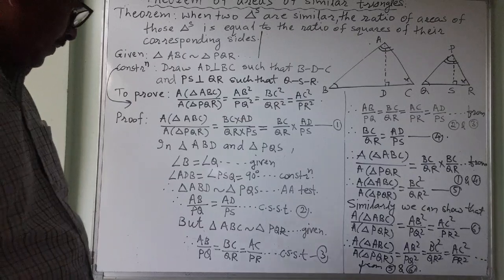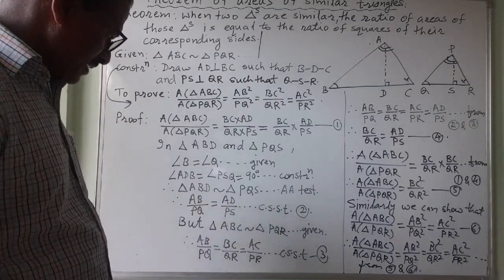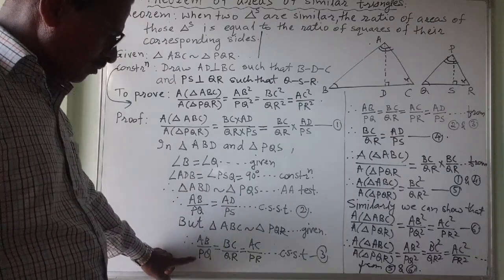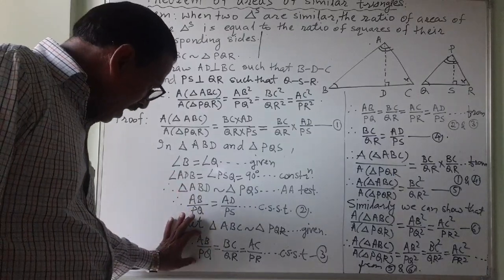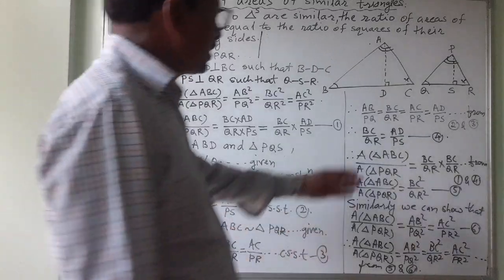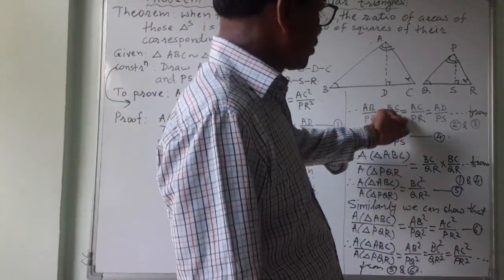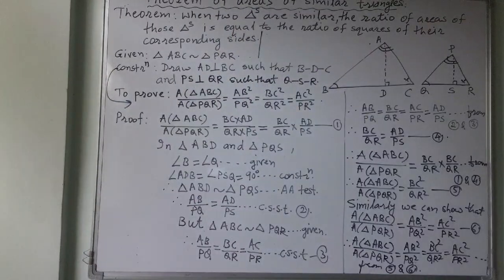Now see, this AB upon PQ is AD upon PS. Here I have got AB upon PQ. If AB upon PQ, this much part, is equal to AD upon PS, then this whole thing is equal to AD upon PS. AB upon PQ is equal to BC upon QR is equal to AC upon PR is equal to AD upon PS.